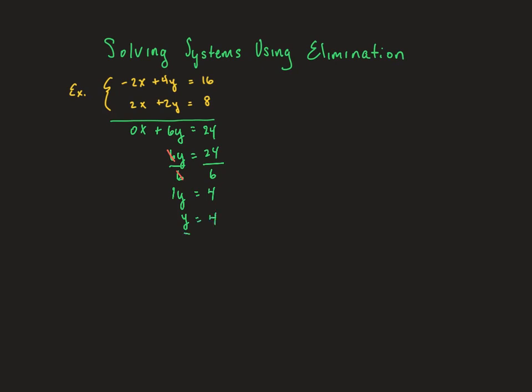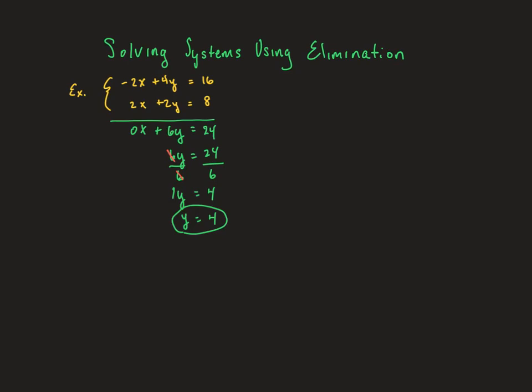Okay, I solved for one of my variables. I eliminated the x and then was able to solve for the y. In order to now determine what x is, I'm going to use substitution. I'm going to take y equals 4 and plug it back into one of these original equations.